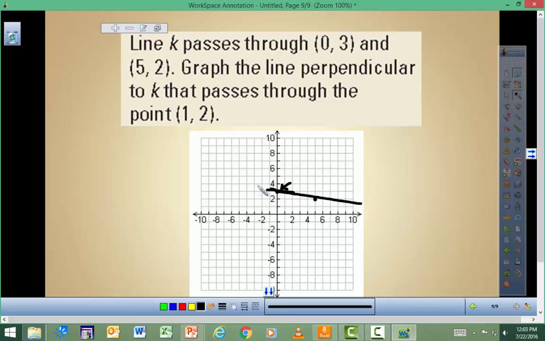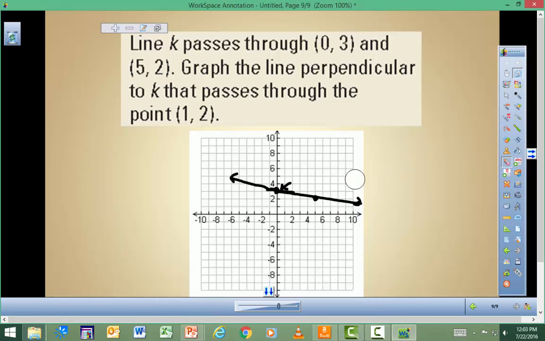Well, not too bad. If I make these dots big enough, it looks like this is, oh, that's awful. Oh well, it's hard for me to place it. So this then is line K.